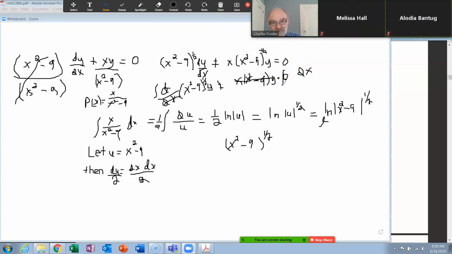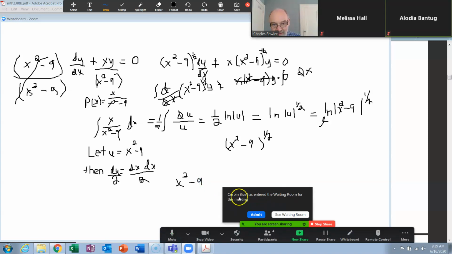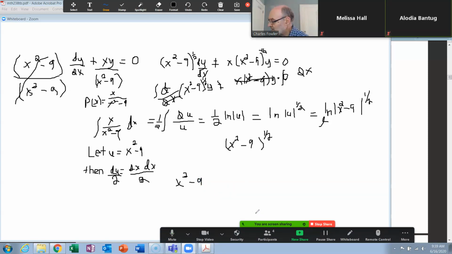Seems like we lost Dawson. Okay, you're integrating 0 dx over here, which is pretty easy to do. We'll get to that in a second. So this would give you the integral of a perfect derivative, which would be x squared minus 9 times y.